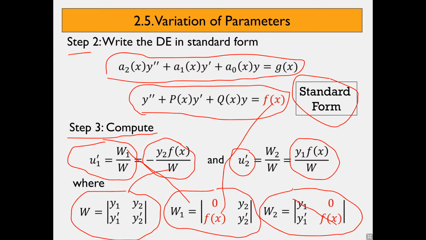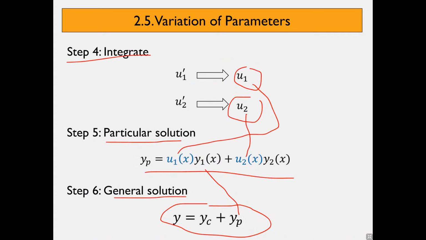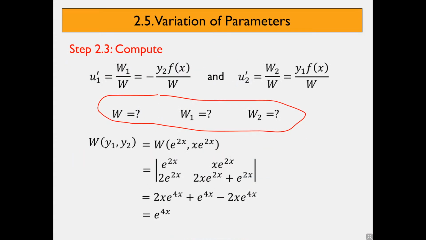Don't need to change anything. W equals the determinant with first row y1, y2, second row y1 dash, y2 dash. So the first row is e^(2x), x e^(2x).